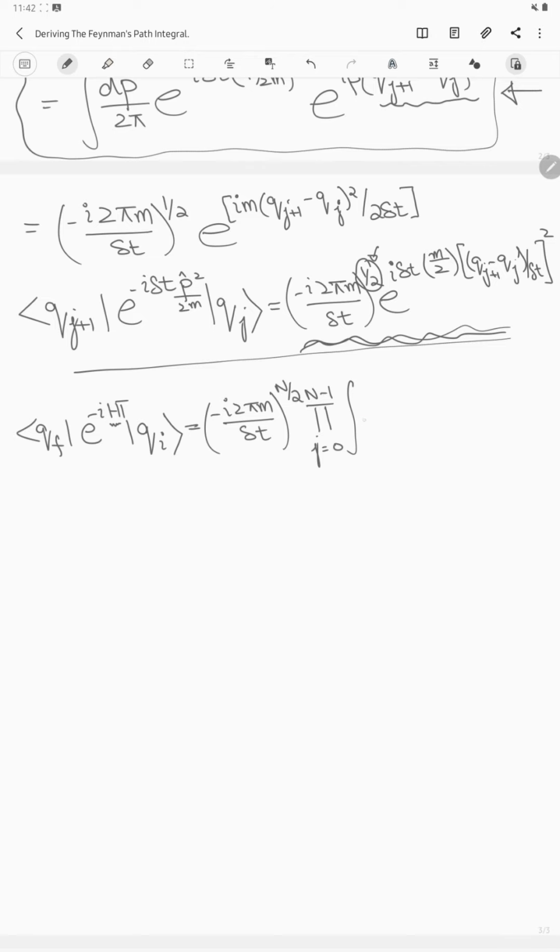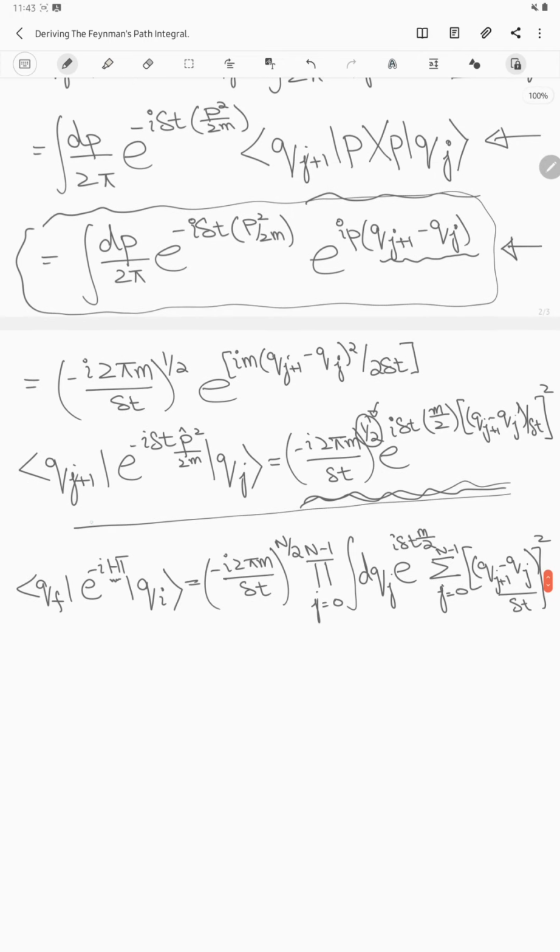and then you have the integral dq_j of exp(iδt m/2 times the summation from j equals 0 to n−1 of ((q_{j+1} − q_j)/δt) squared.